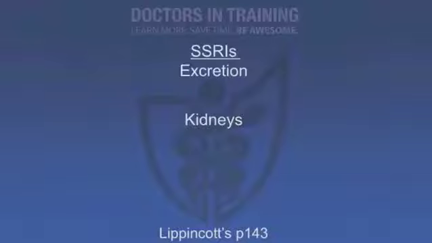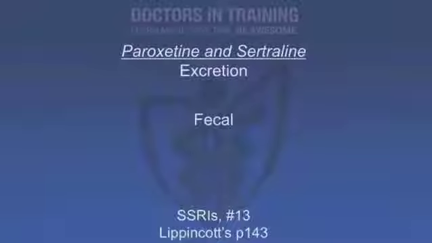They are referred to as poor metabolizers. Excretion of SSRIs is primarily through the kidneys, except for paroxetine and sertraline, which undergo fecal excretion. Dosages of all these drugs should be adjusted downward in patients with hepatic impairment.